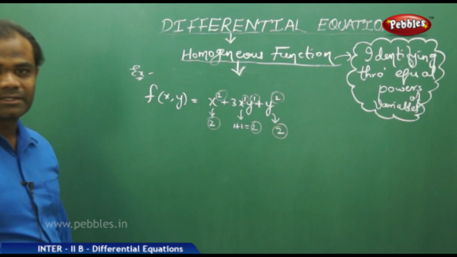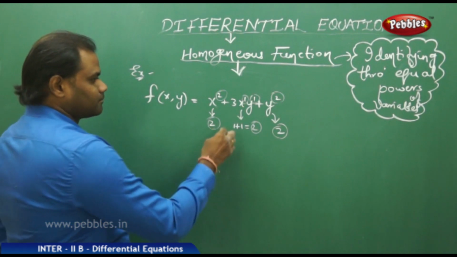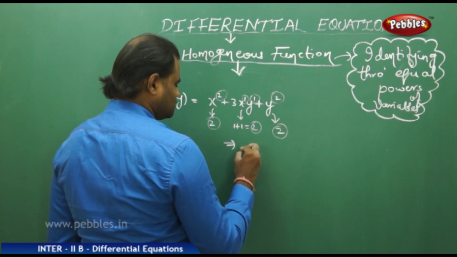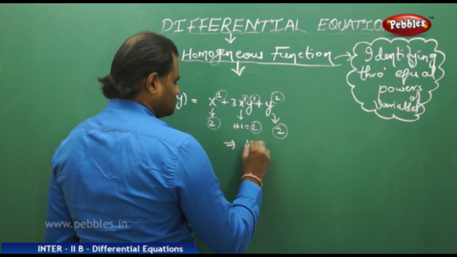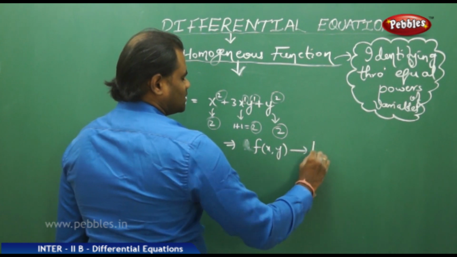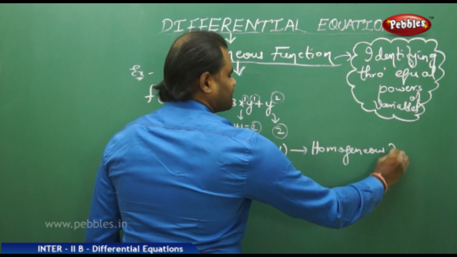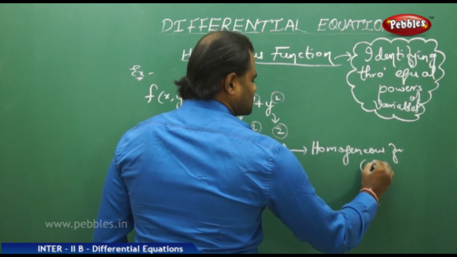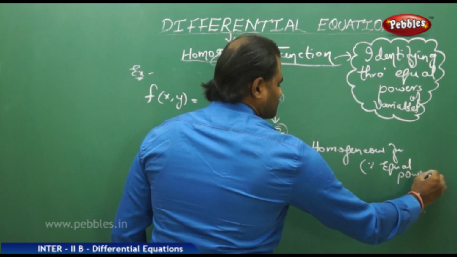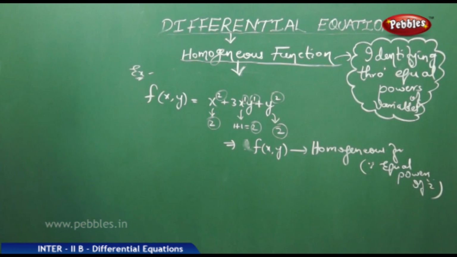Therefore, if we get each term with equal powers, then f of xy is a homogeneous function, since equal powers of 2 is how we identify.